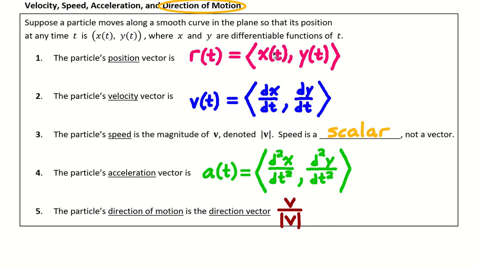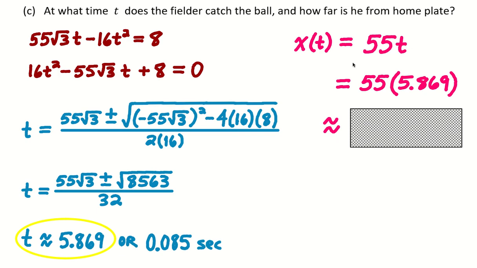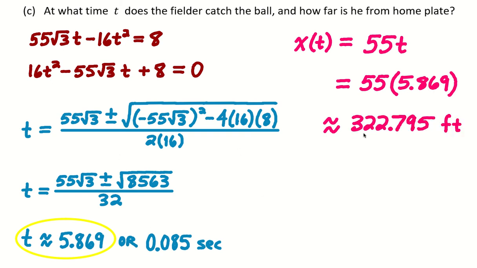In this presentation I stick with this pink color for position vector, this bison blue color for velocity vectors, and this crappy green for acceleration. So here we go, using the red here, we're just going to plug in that t value and get 322.795 feet.